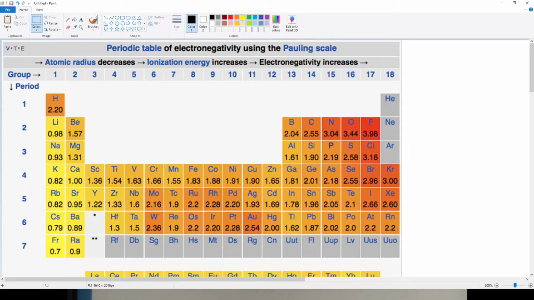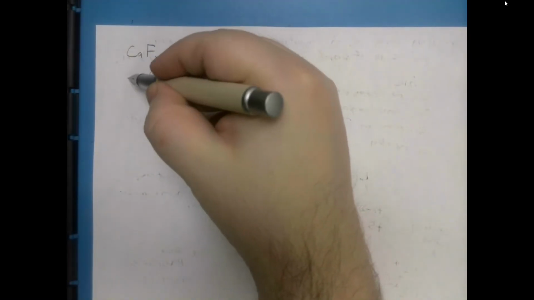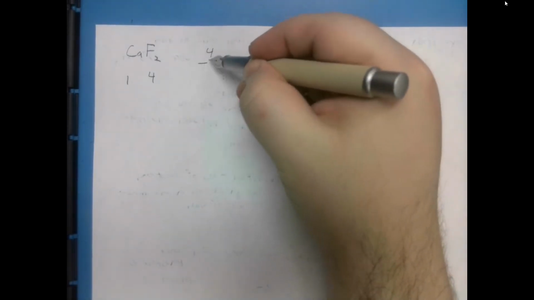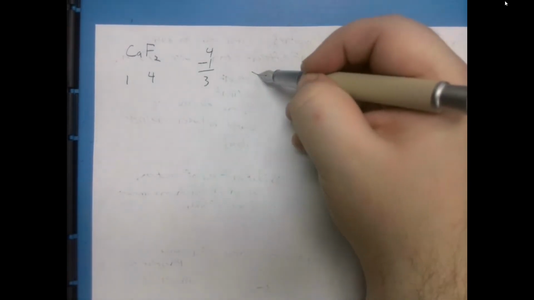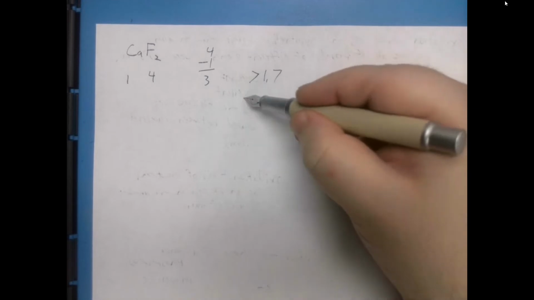Calcium and fluoride? Yes. So this is 1. This is almost 4. 3 is most definitely ionic. So that's approximately 4. That's approximately 1. So 4 minus 1 is 3. 3 is greater than 1.7. Ionic.